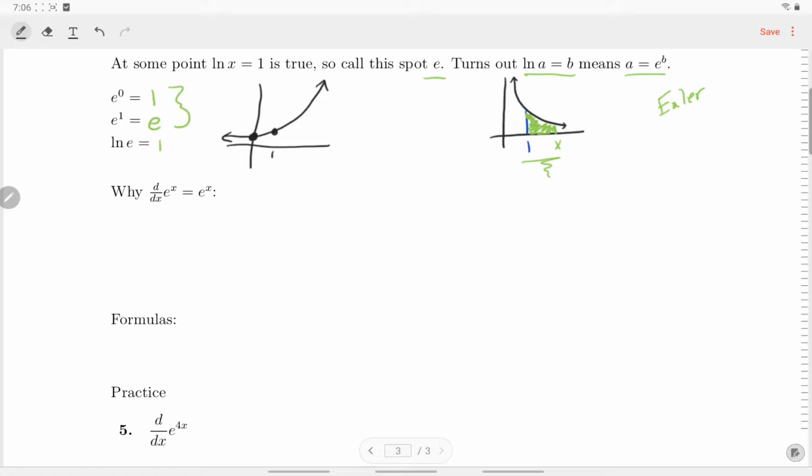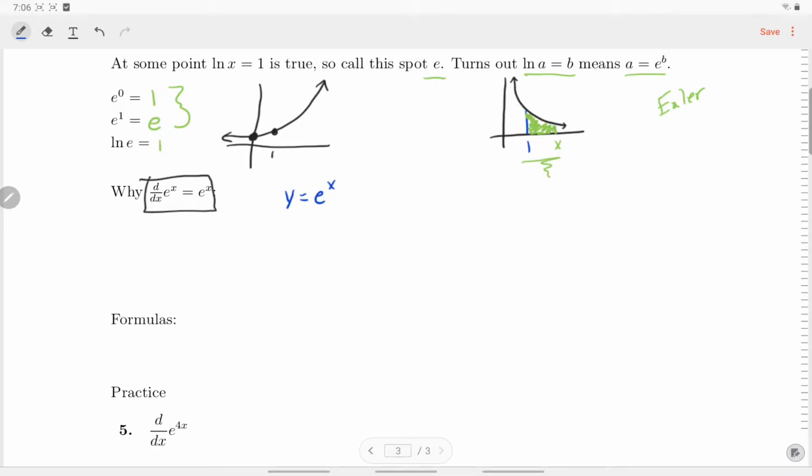Okay, e to the x ends up being a super important function in mathematics because its derivative is itself. So we want to look at why that's true. Your Calculus 1 teacher may have gone through it, but it's important enough to see it twice. Okay, so let y equal e to the x.